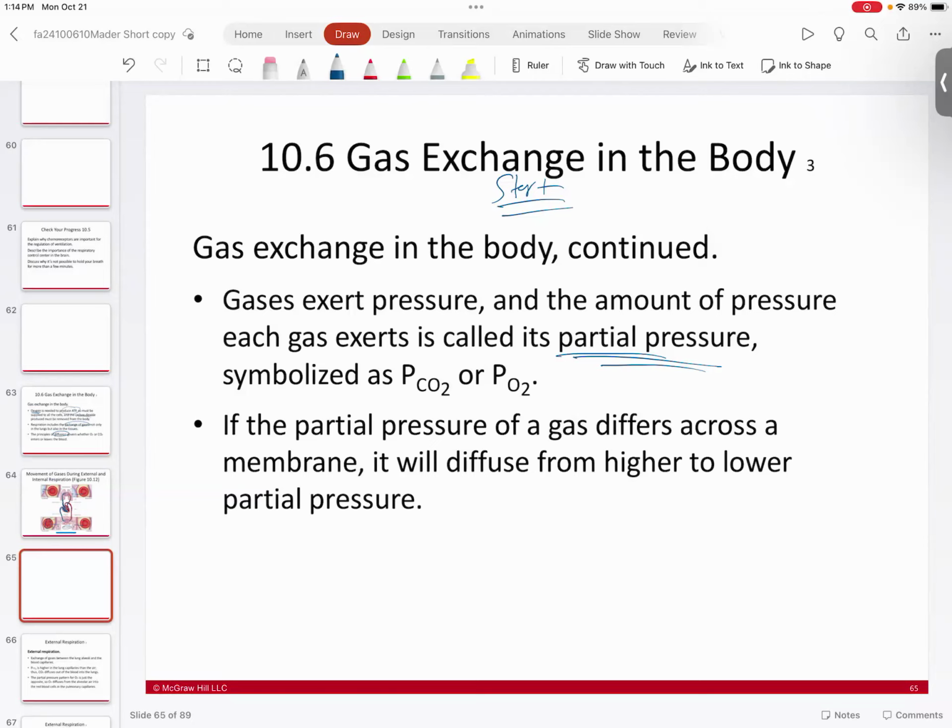It allows us to get oxygen in while simultaneously getting CO2 out. If it were just air pressure, everything would be going in one direction, and that wouldn't be helpful for us. Having partial pressure be the driver of gas exchange is important. It allows us to cherry pick which gases we want to keep and which gases we want to get rid of.